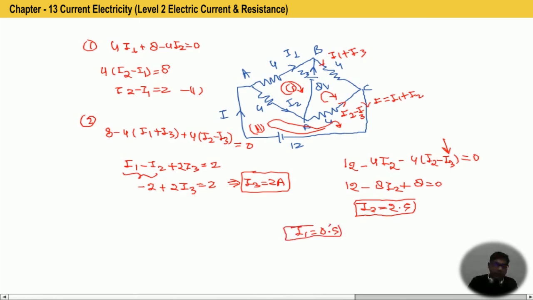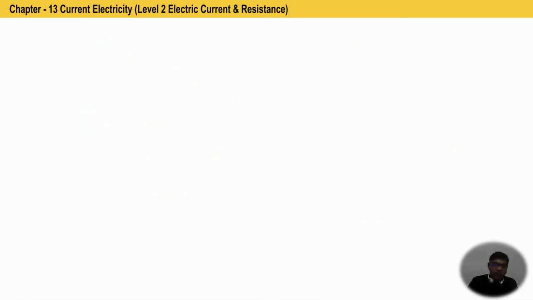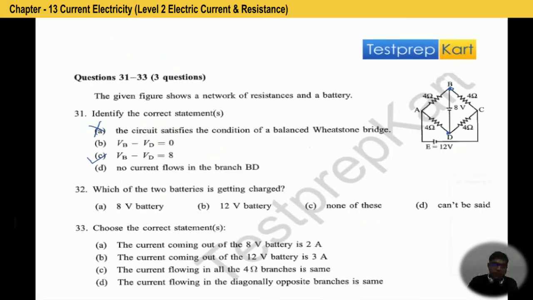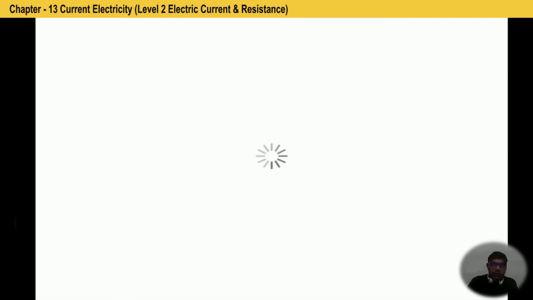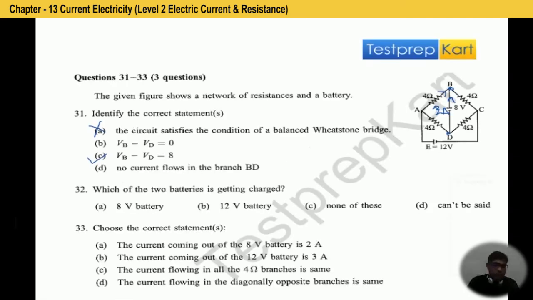Now we can mention all the currents from this calculation in the given figure. This current is 2 ampere. Current in this branch is 2.5 ampere. In this branch the current is 2 ampere.